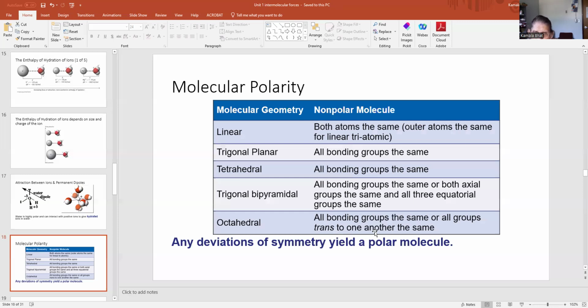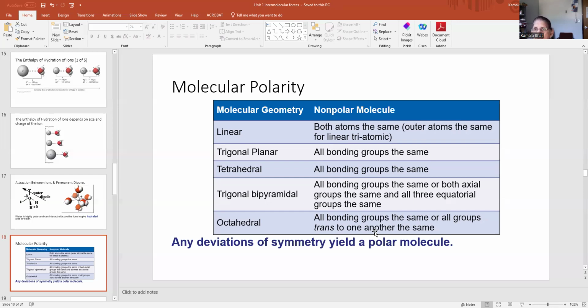Trigonal planar, all bonding groups are the same. Tetrahedral, all bonding groups are the same. Trigonal bipyramidal, both axial groups the same, and the 3 equatorial groups the same. Octahedral, all the groups are the same and are trans to one another.